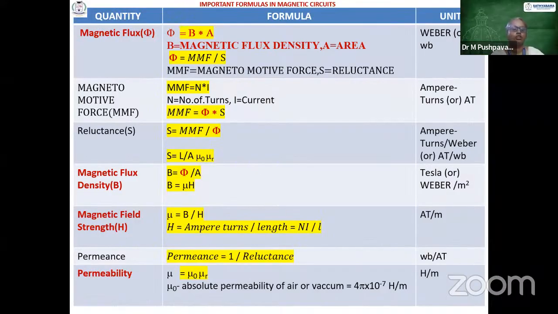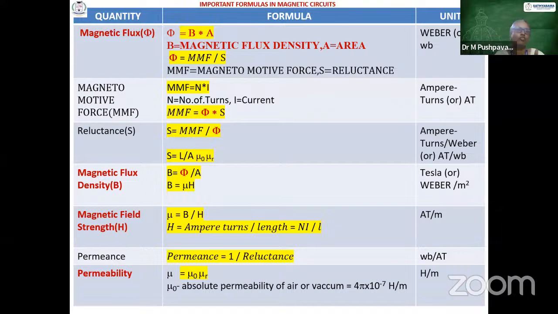Able to see? Listen, why I'm sharing this screen now: kindly note down the formula. The first unit is about electric circuit and magnetic circuit, and we are seeing the relation between the electric and magnetic circuit. In this particular unit, you have only two important questions as a theory part.